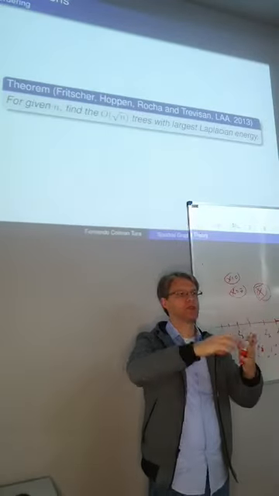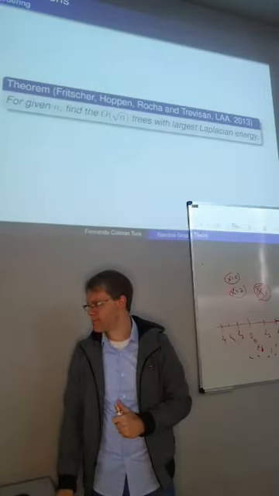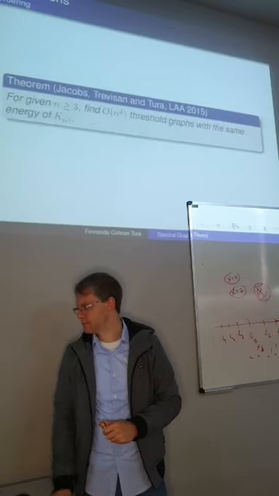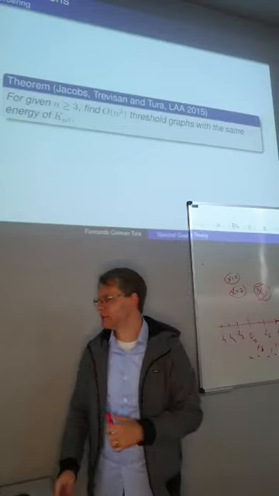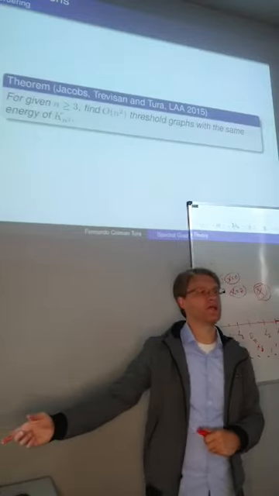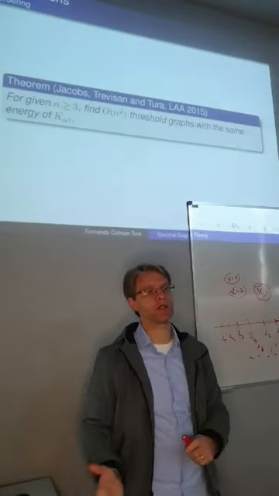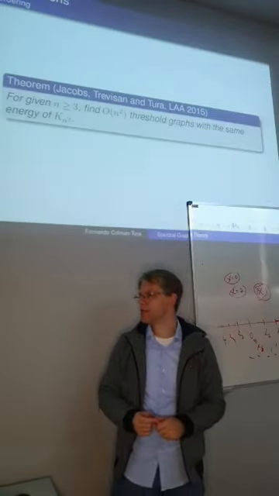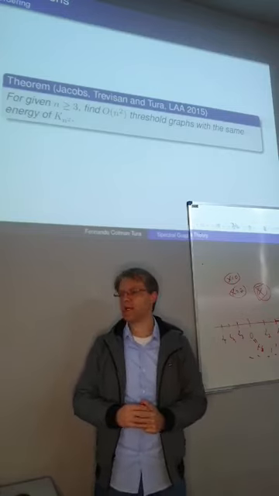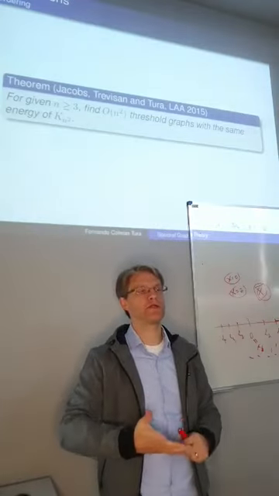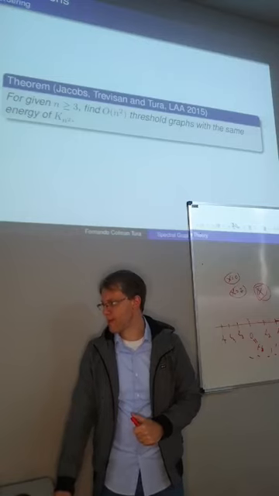This output is the energy of a graph. Now you obtain the first result for threshold graphs using the diagonalized algorithm. You use this algorithm to show it's possible to obtain threshold graphs with the same energy as the complete graph.